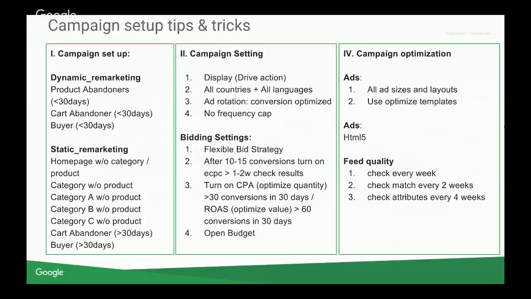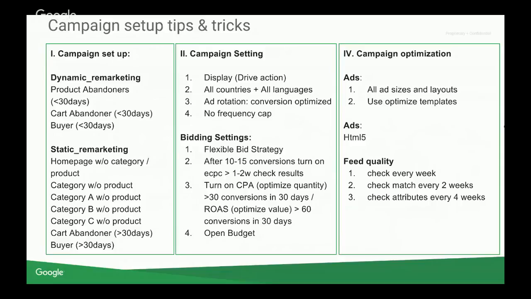And when it comes to the campaign optimization, as we mentioned before, you can use all ad sizes and different layouts. You can use optimized templates. Also use different rich media such as the HTML5 format.